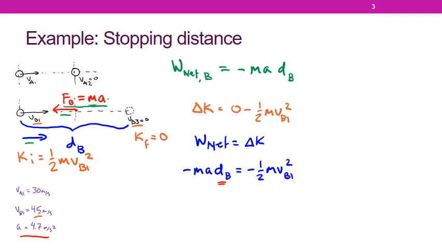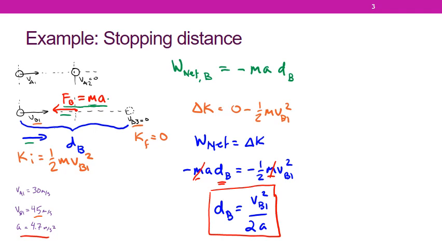And wow, very nicely, you notice there is mass on both sides, so we can divide out the mass. Everybody brought mass. And I can solve for my displacement, and when I do that, I find that my displacement is just the square of my velocity divided by 2 times my acceleration. That's the distance it took this car to slow down.